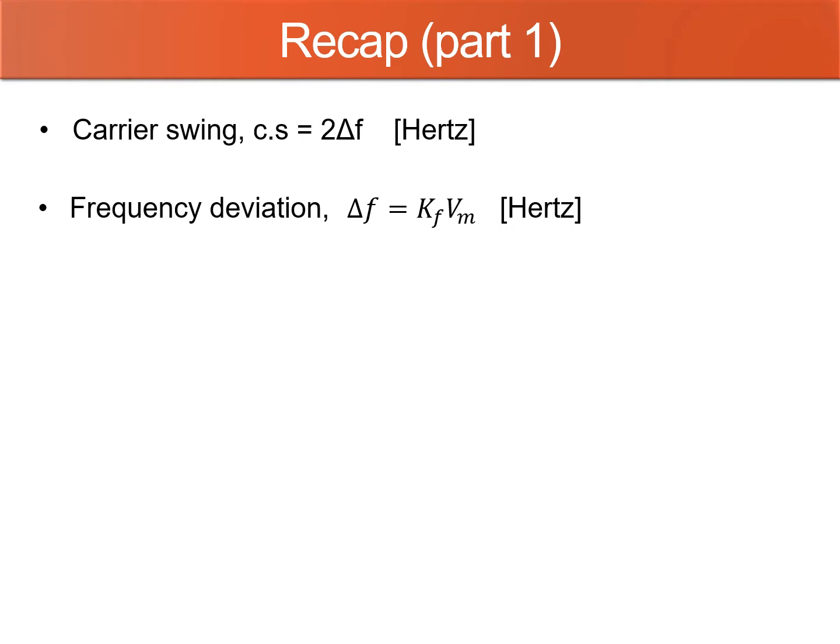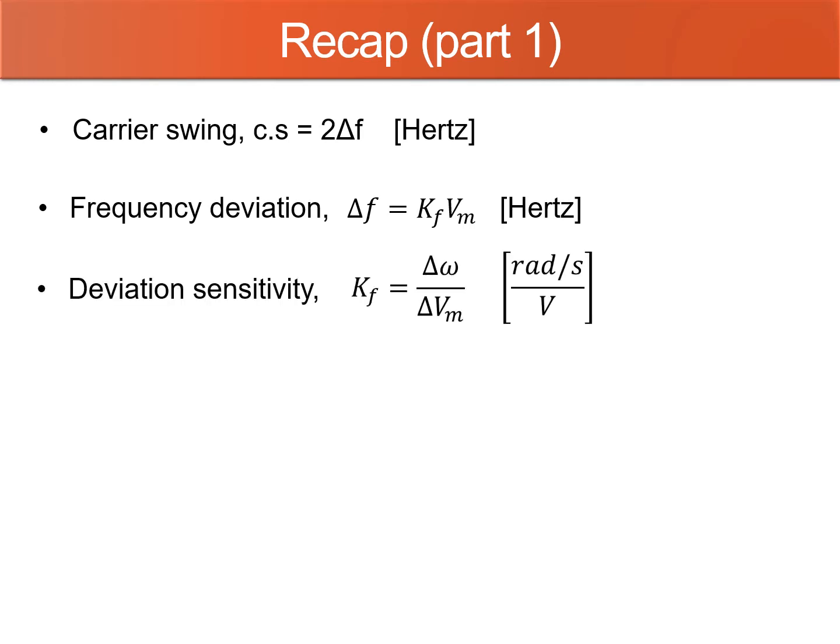The unit is Hertz, and given the deviation sensitivity Kf equals delta omega over delta Vm, where omega is in radians per second and Vm is in volts. It can also be written as Kf equals delta F over delta Vm, and the unit is Hertz per volt.